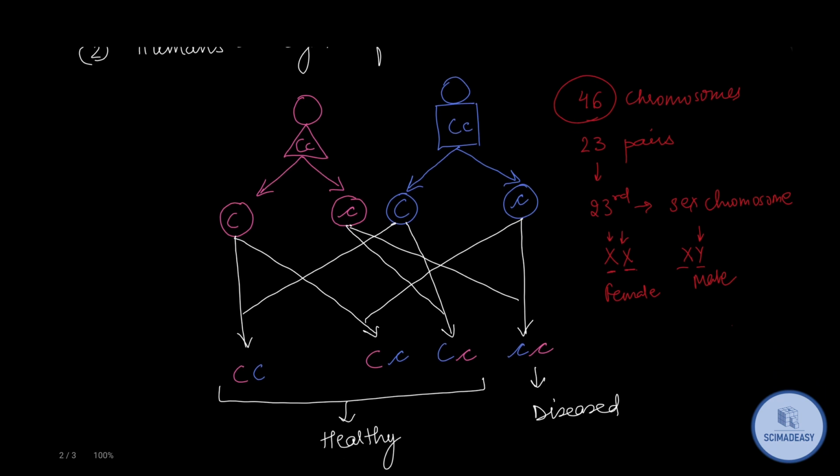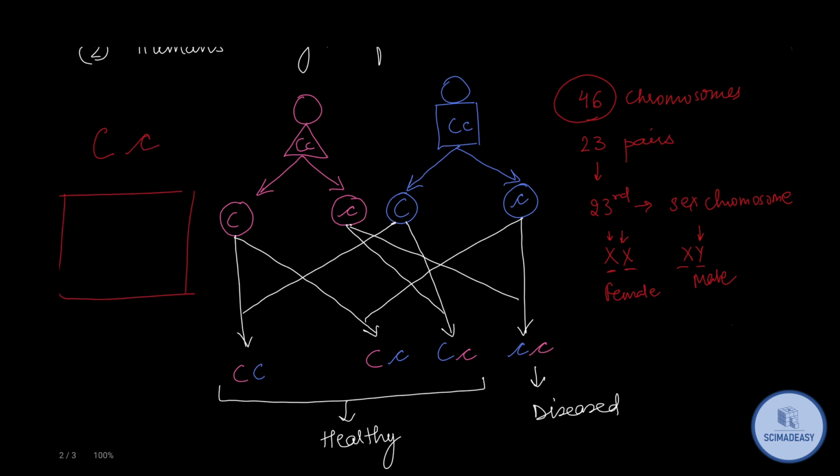Coming back to cystic fibrosis. If the mother and the father are both carriers of this disease, that is, they have one dominant allele and one recessive allele, when they are crossed, this is another simple representation of how you can do it, but you can also do it with the Punnett square.